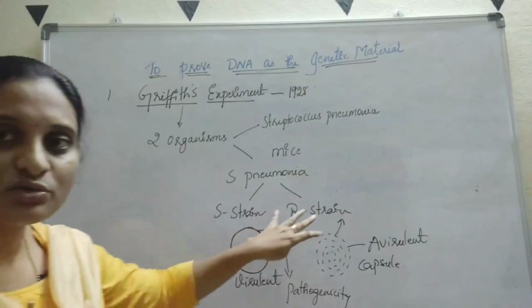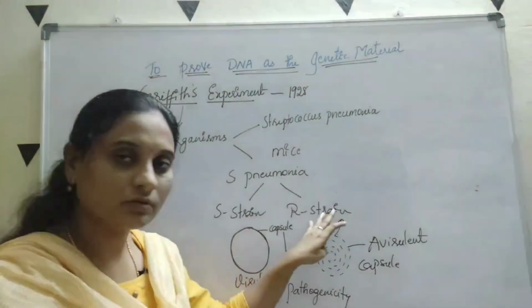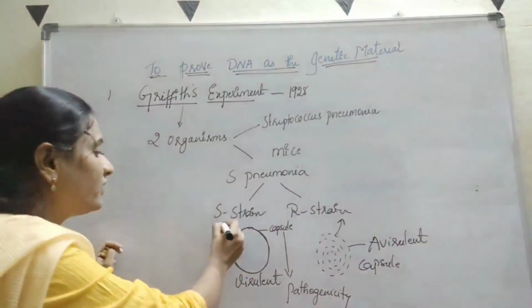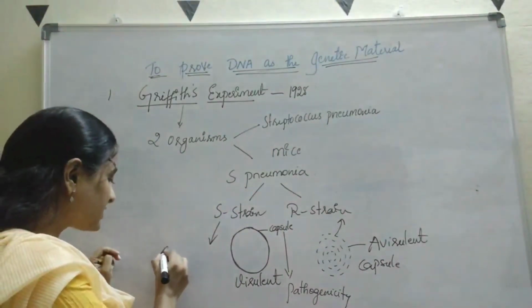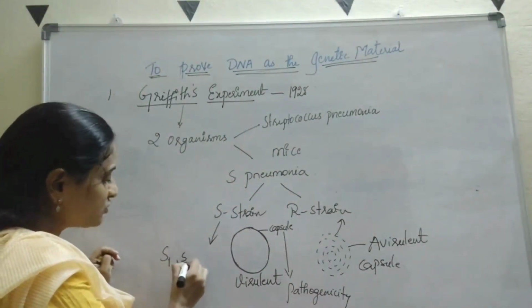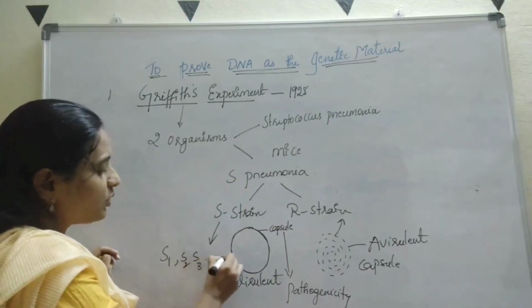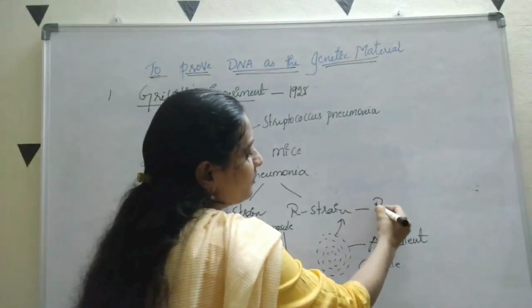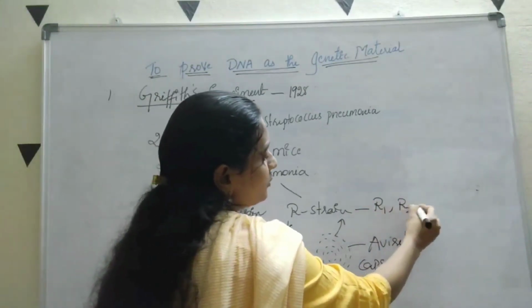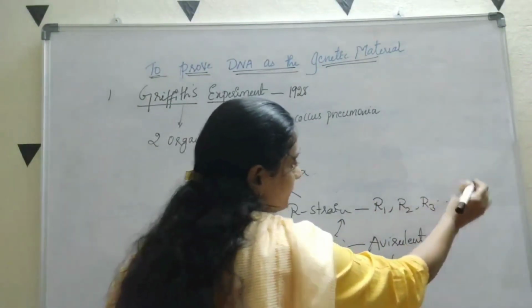Apart from these two strains, there are a number of varieties among them. Among the smooth strain, there are varieties like S1, S2, S3 and so on. At the same time, among the R strain, there are varieties like R1, R2, R3 and so on.